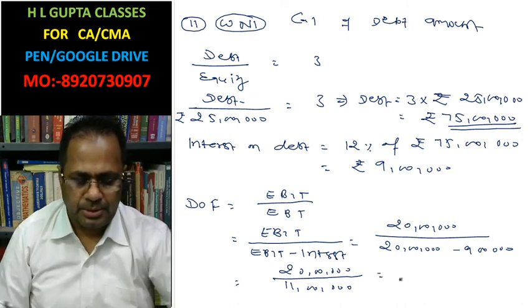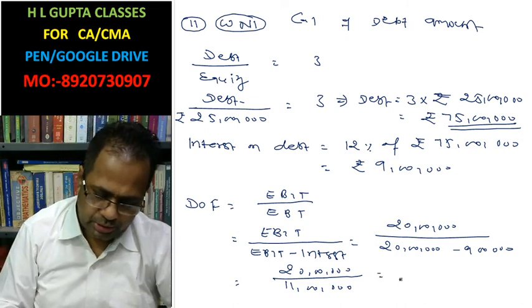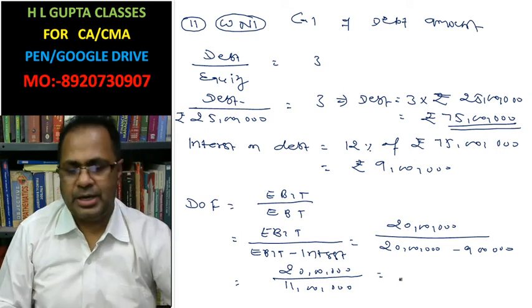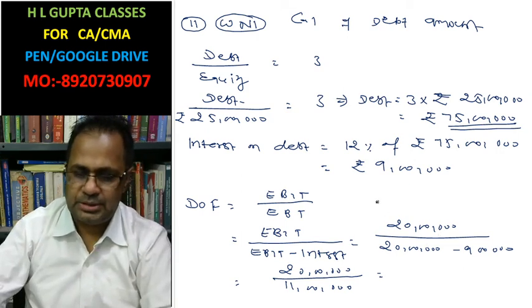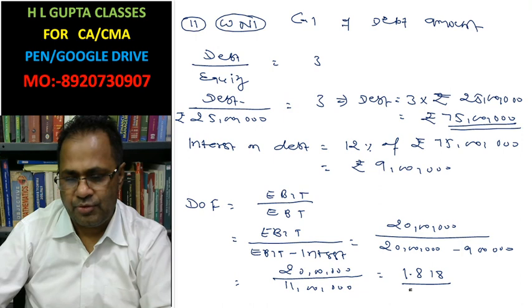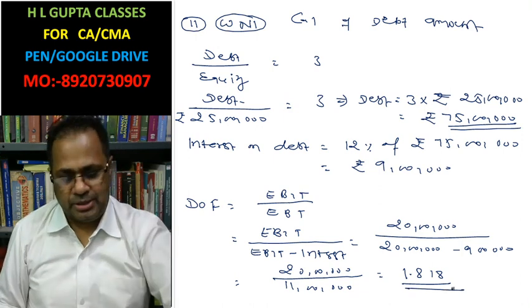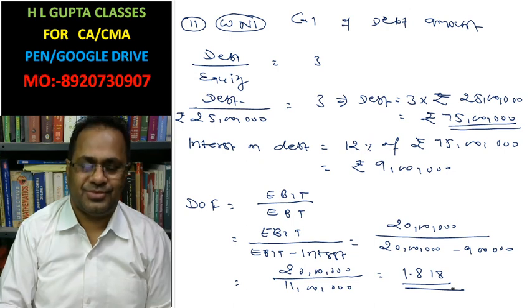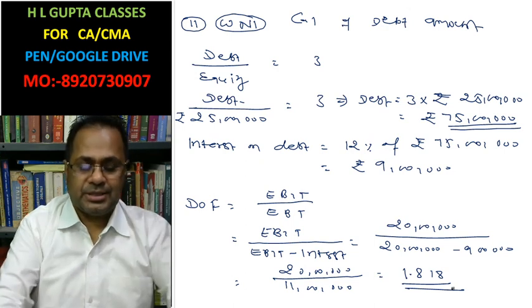So 20 divided by 11 is 1.818. This is your degree of financial leverage. 1.818 is the degree of financial leverage. Okay. Thank you, class.